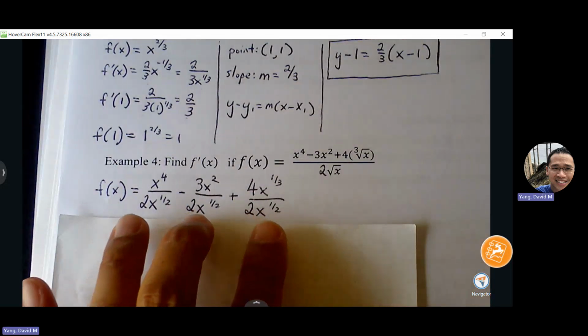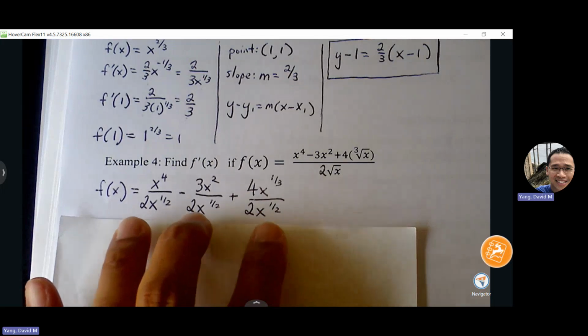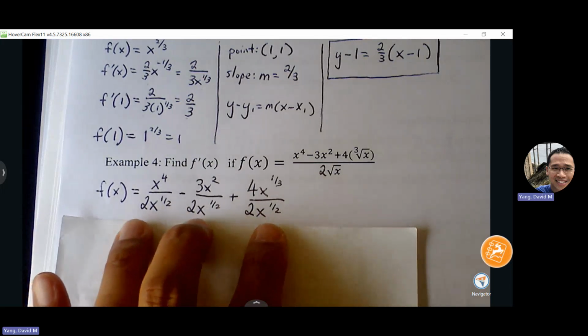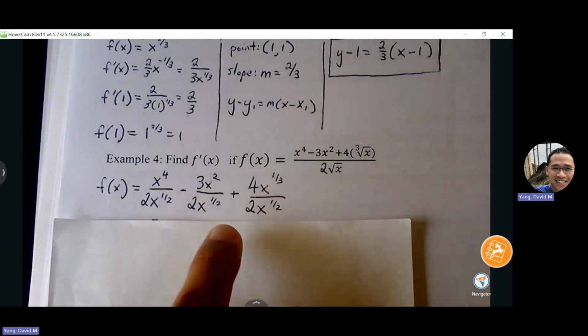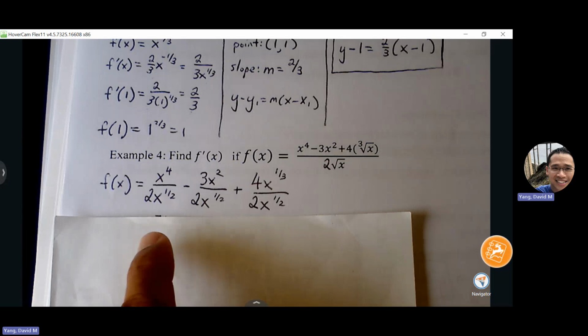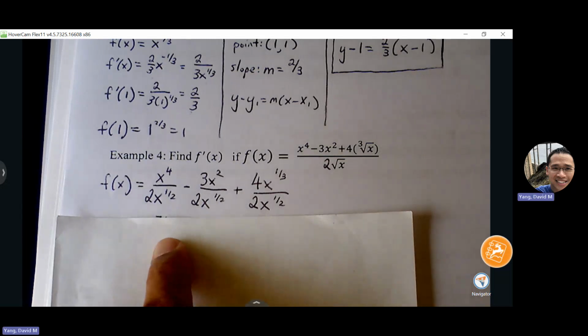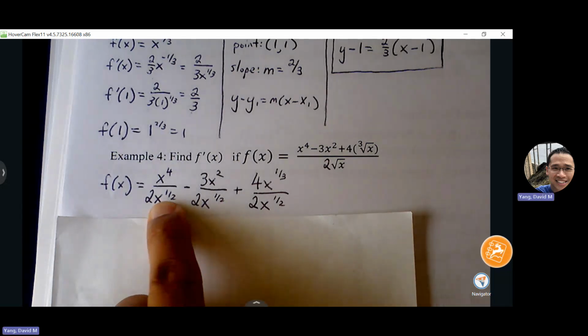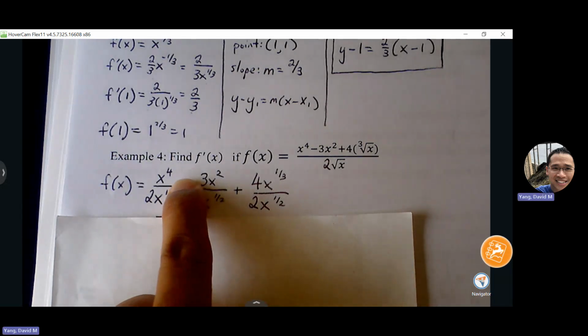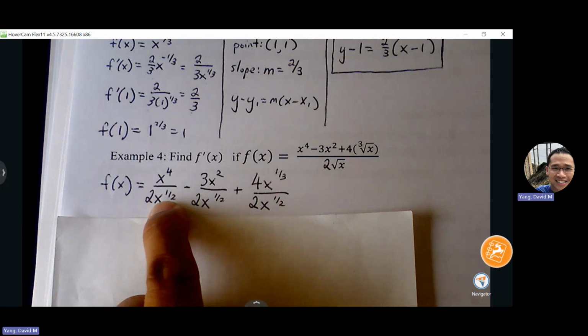Now, even within these 3 individual terms, even though we're targeting power rule 3 times, one for each of these terms, they are still not ready. Okay. What's out of place still in order for us to do power rule? Denominator. So I got to bring that denominator up, and this denominator can come up as x to the what?